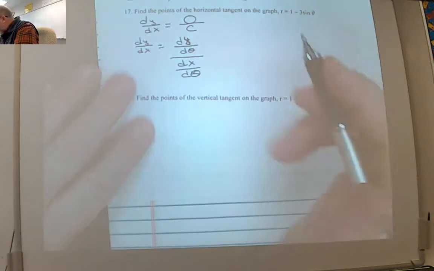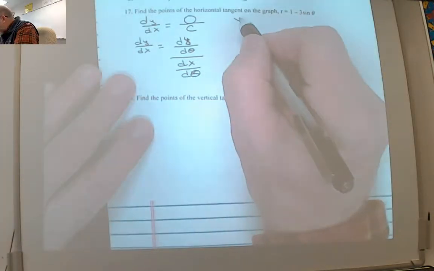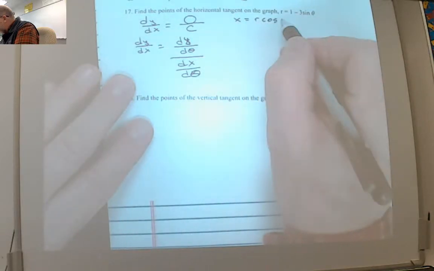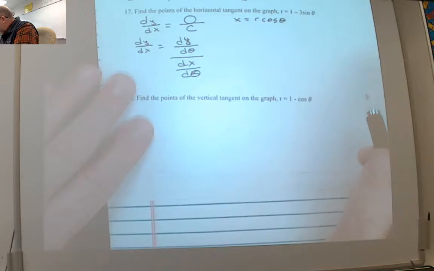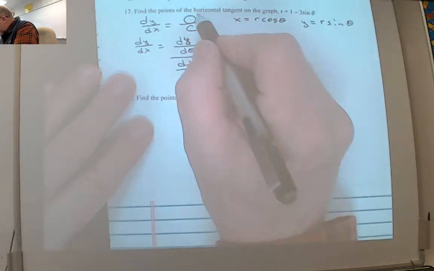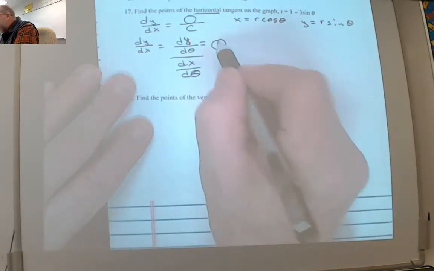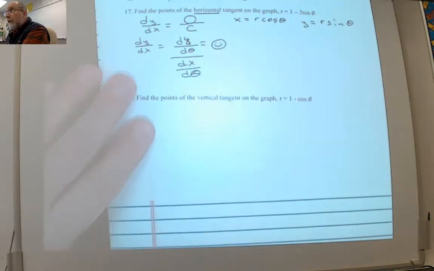Okay, so I'm going to have this equation. x is equal to r cosine theta, y equals r sine theta. And if I'm just looking for horizontal tangents, I'm really only looking for where that is 0. Would you agree?